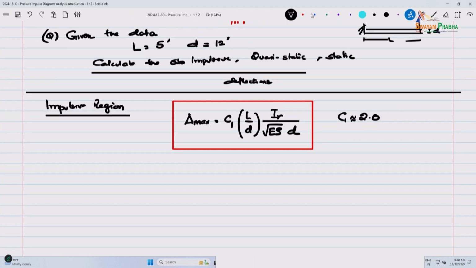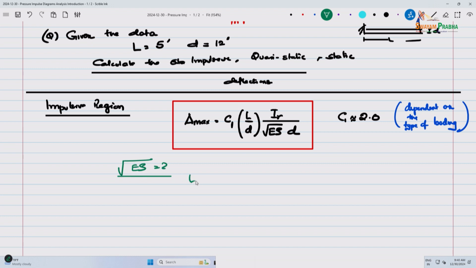Keep in mind, C1 is dependent on the type of loading. So let us proceed with calculating the parameters. So, square root of first E rho. So let us start with E multiplied by rho.